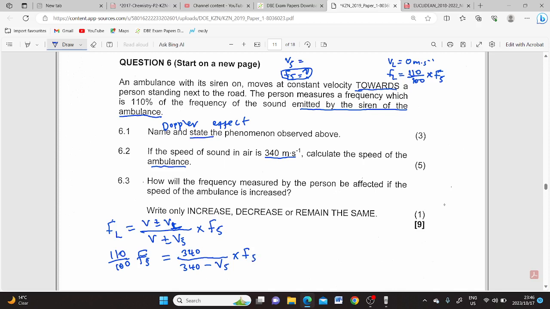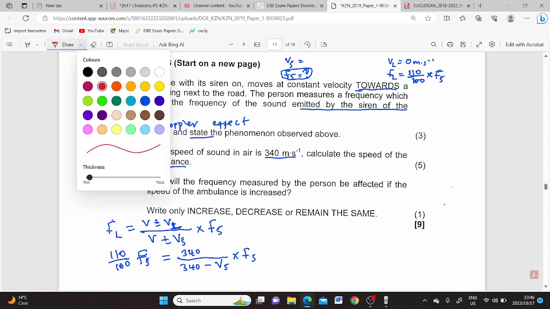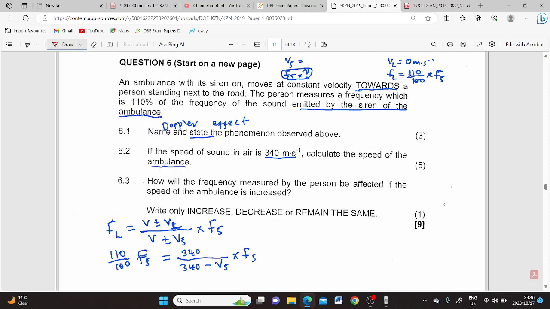So now we divide throughout by the frequency of the source, that will be cancelled out. And then we can do the cross multiplication and see what we get.